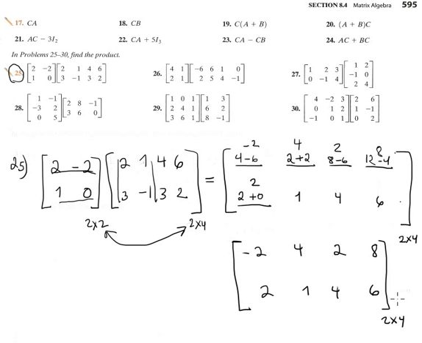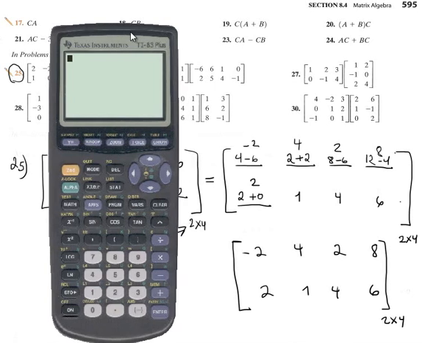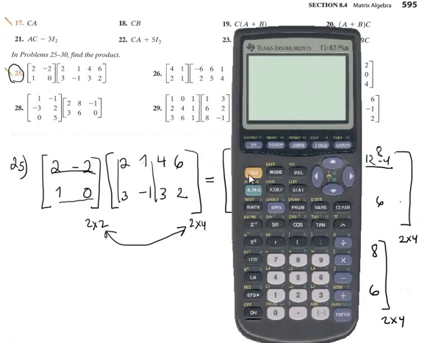Let's check with the calculator. In the calculator, I have the matrix A edit, so I skip this step. This is matrix A, 2, -2, 1, 0, and the matrix B is 2, 1, 4, 6, 3, -1, 3, and 2.